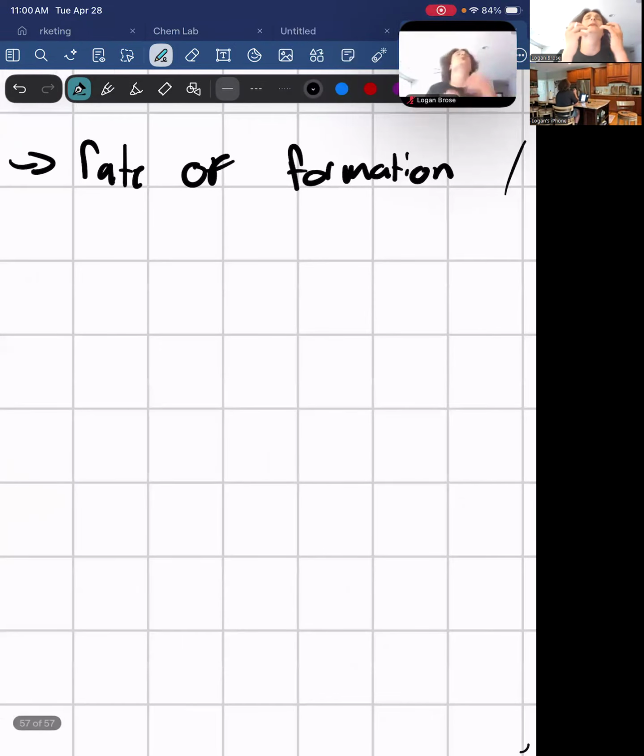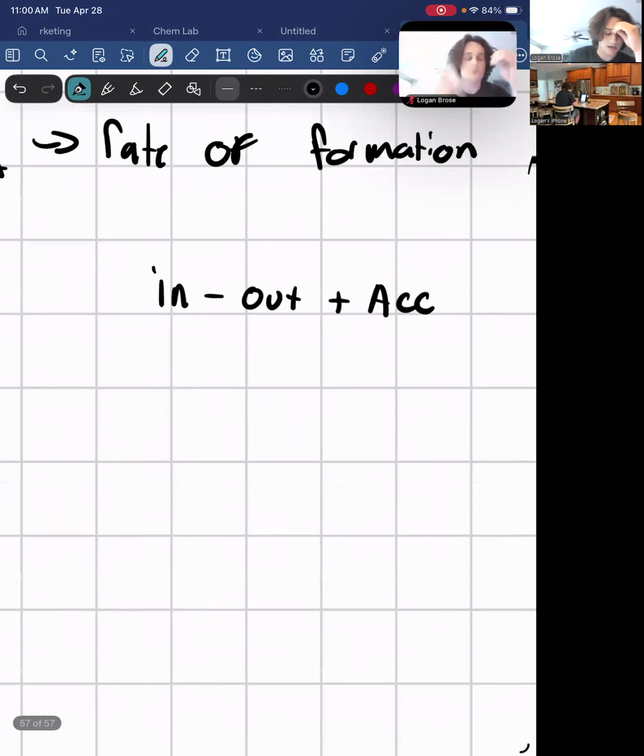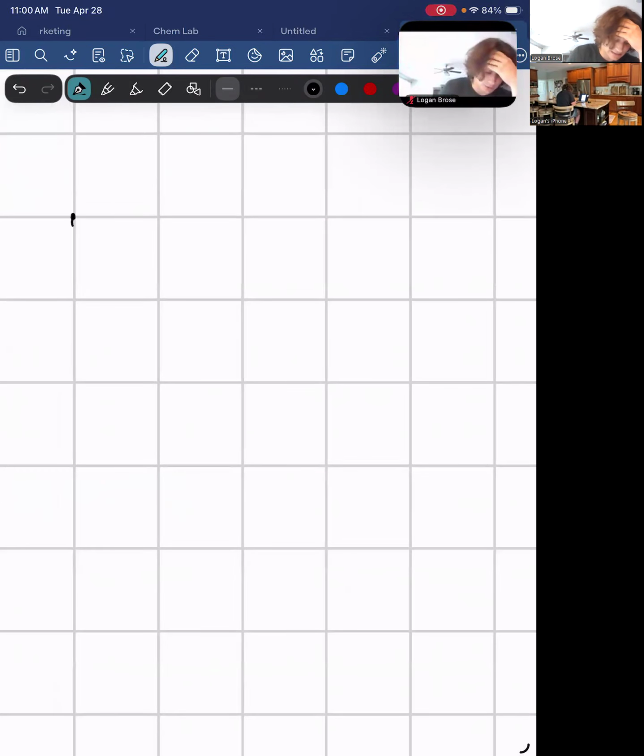The way we can think about this is if we go back to fluid mechanics or thermo, we know the equation in minus out plus accumulation. This is our accumulation value. So our R_A is in turn our accumulation.